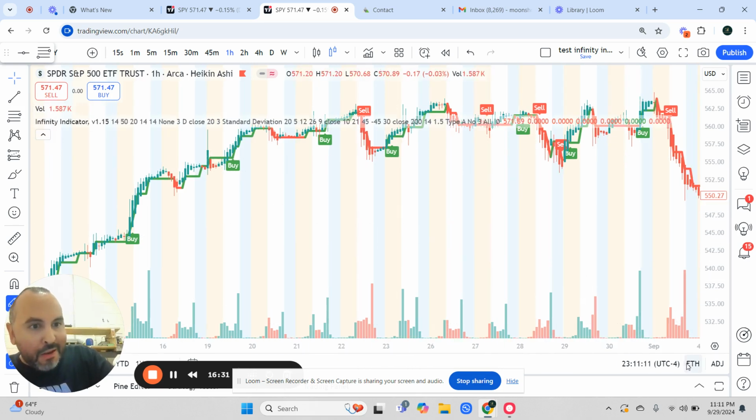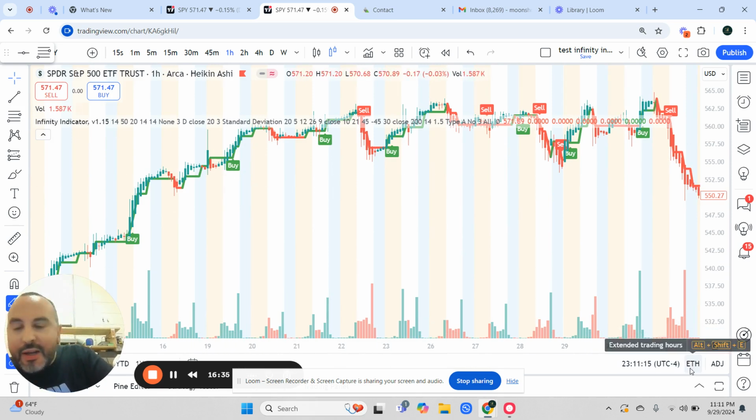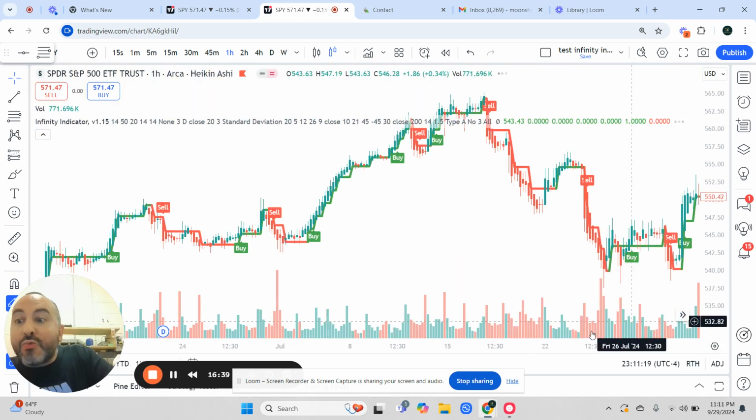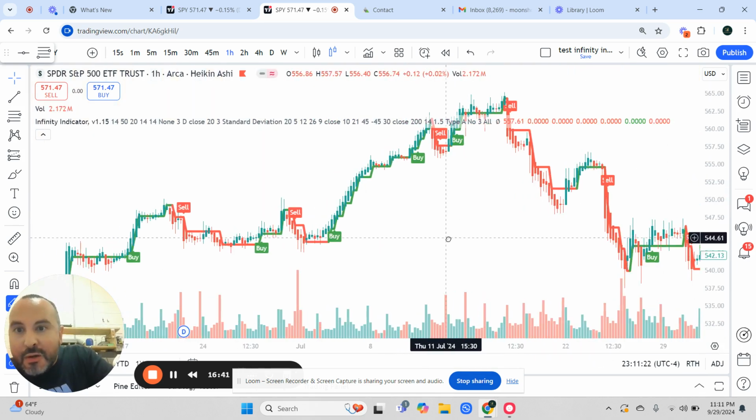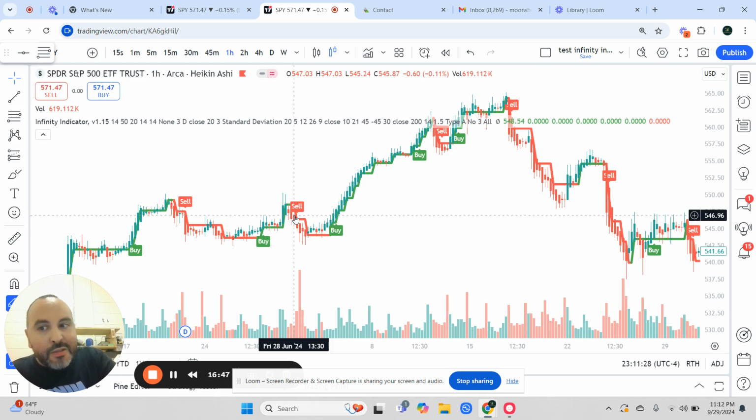So the first thing I want you to change is in the bottom right-hand corner. Put it back to regular trading hours, because we're trading options.